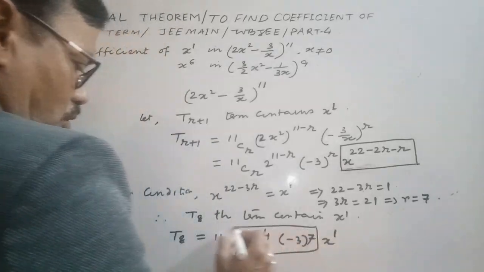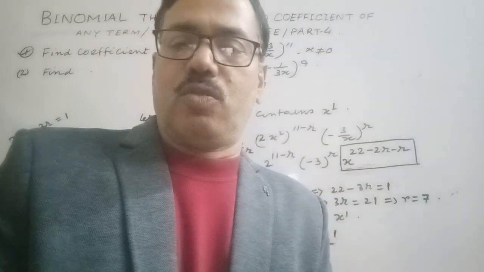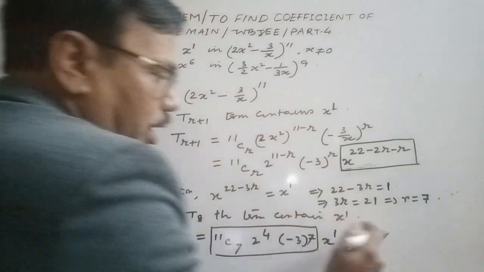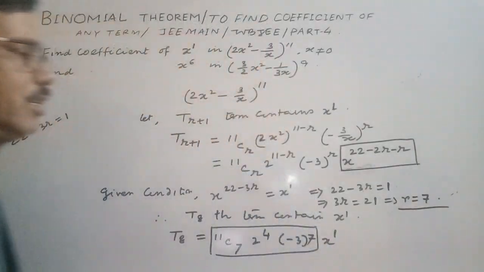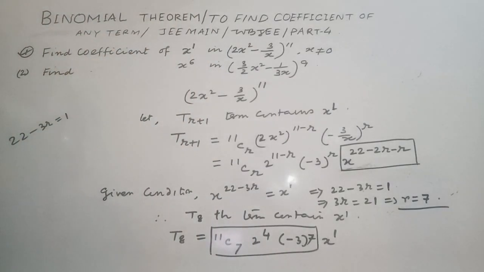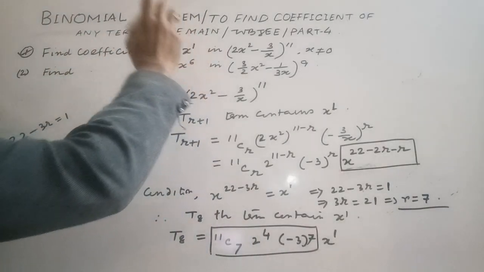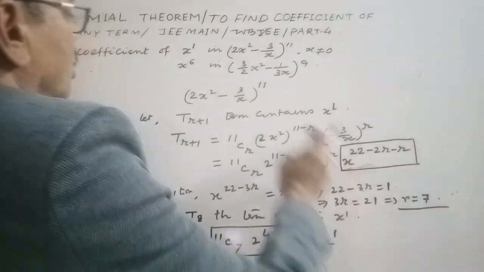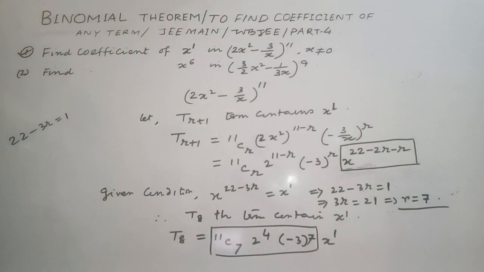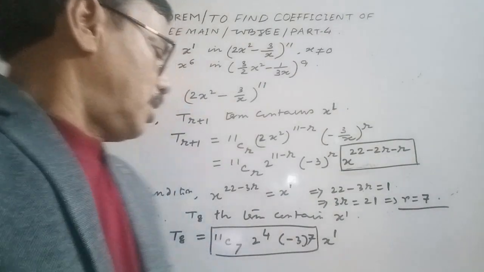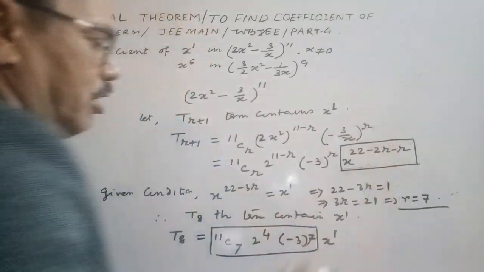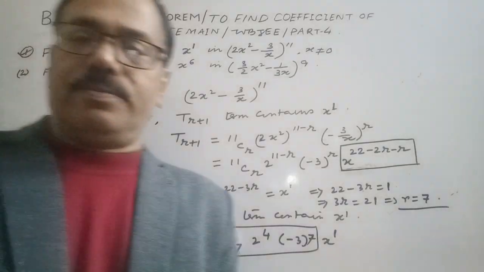So this will be the coefficient. So take general term, equate the power. If r is a positive integer, then coefficient is possible. But here in case of x to the power 2, we are getting r as a fraction, so no term involving x square. If it is x to the power 1, you can find coefficient. That is, the 8th term will be the term having x to the power 1.